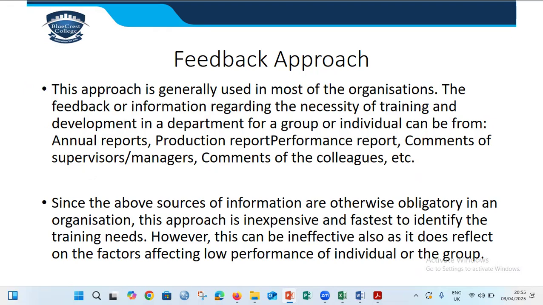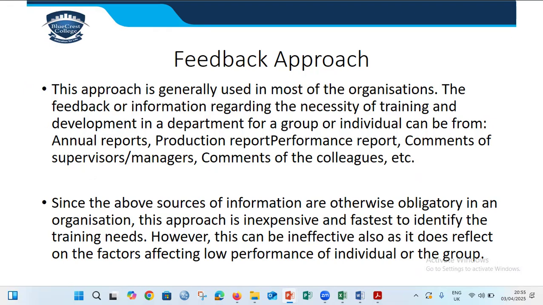Could be the annual report or maybe a production report, performance report, or even the comments of the employees, supervisors, or managers, or even comments from their peers or their colleagues. It can also be comments from subordinates.